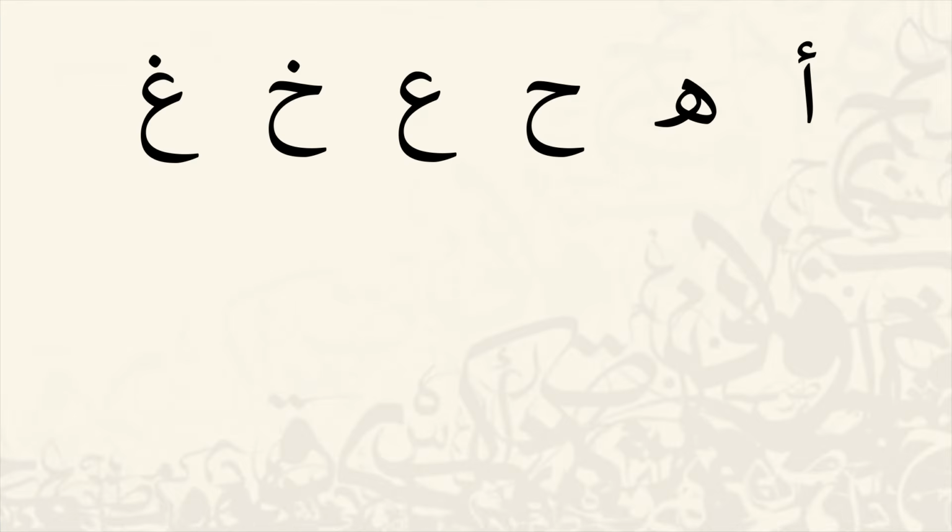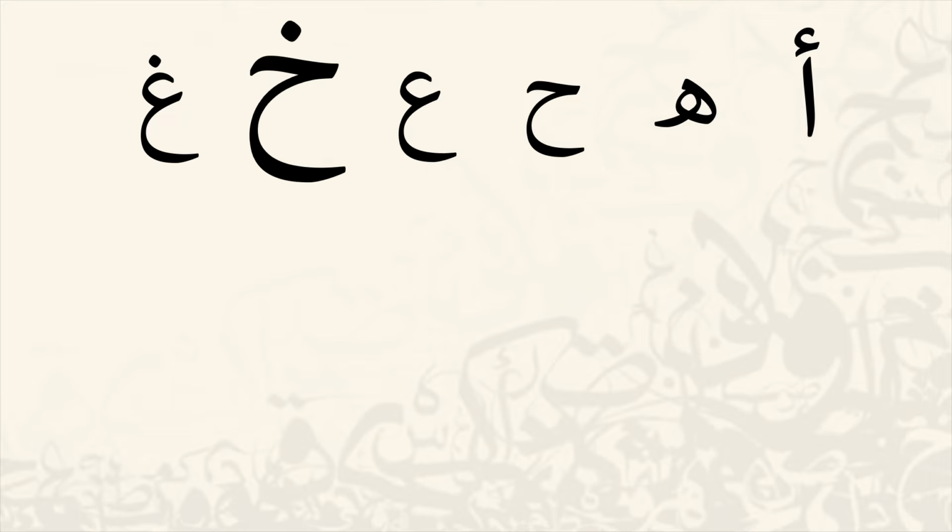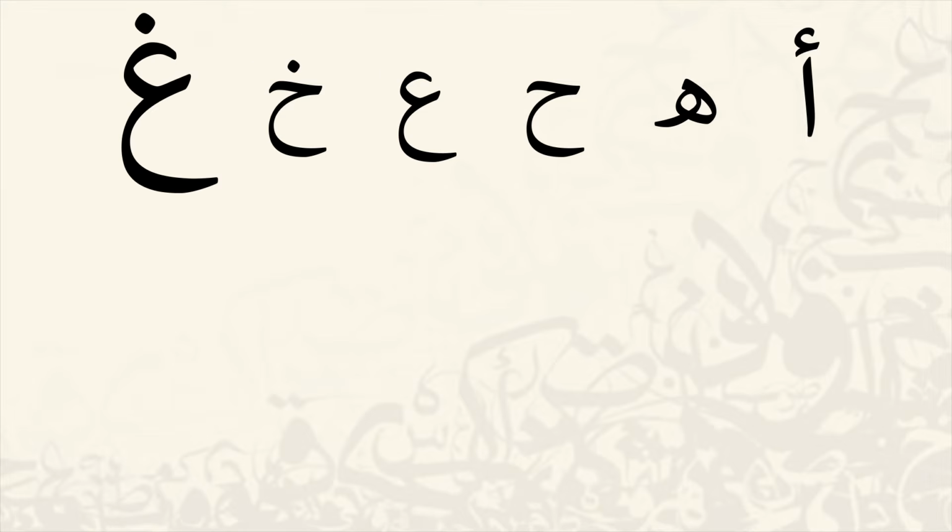Now we will talk about the throat sounds. They are 6 in number. Let's now take an overview of the throat, and then we will talk about each couple differently. They are hamza, he, ha, a, kha, and gha.